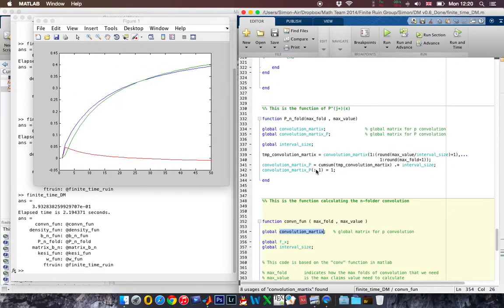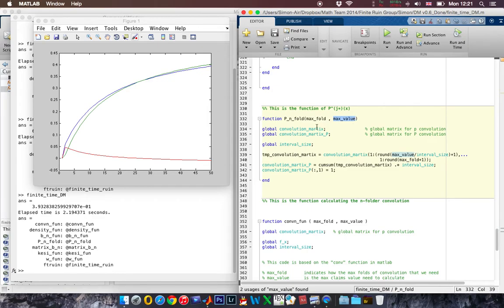So a very easy cumsum command will give you another global matrix, which we call the convolution matrix capital P. And it's almost like the first matrix we built, with a maximum fold of columns and maximum value of rows starting from 0 with steps of the interval size.